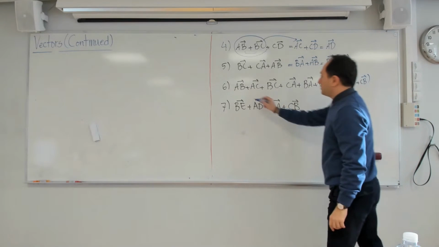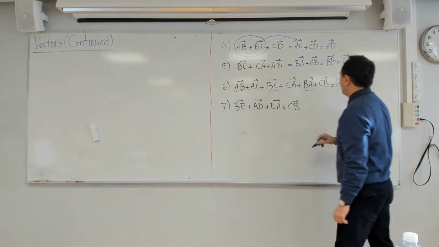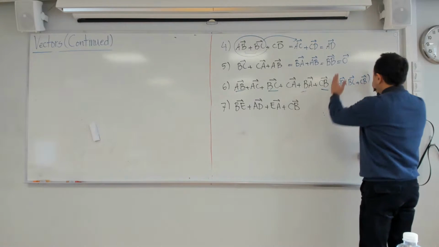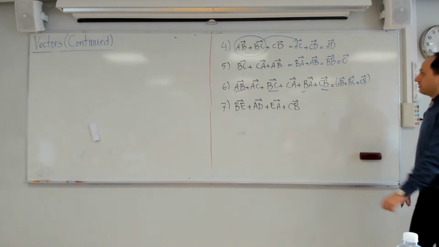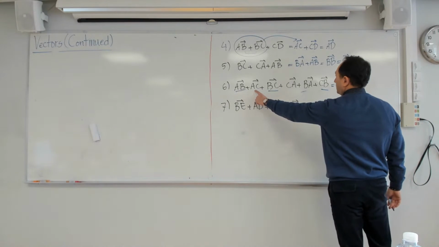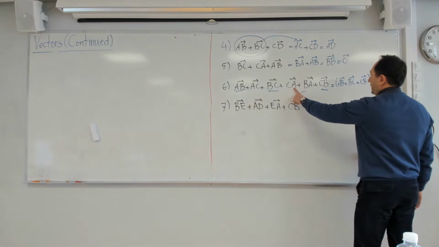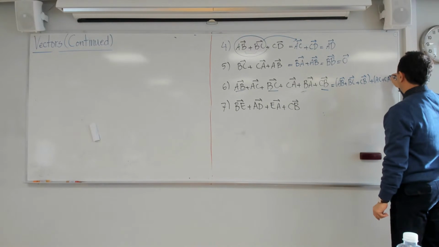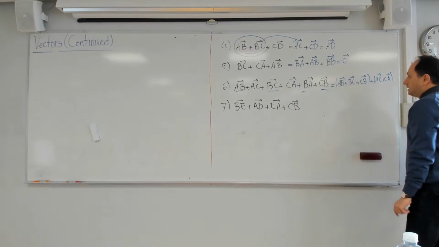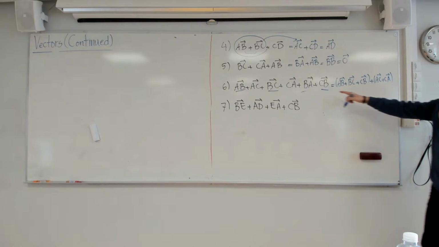So I took this one and this one and this one together in one package. And then I have AC and CA. I can put them in one package. There is one more left, and that is BA.